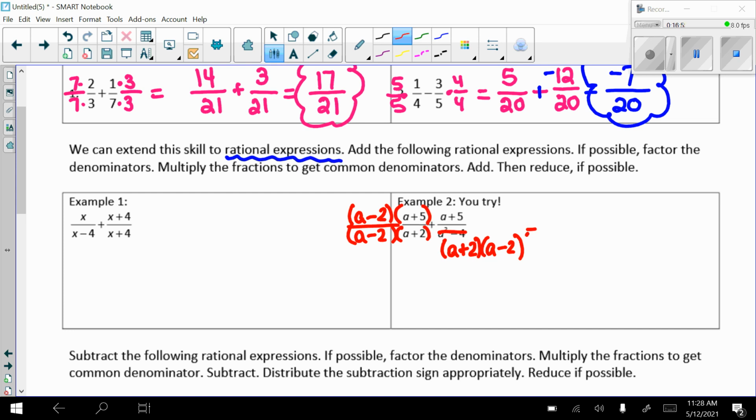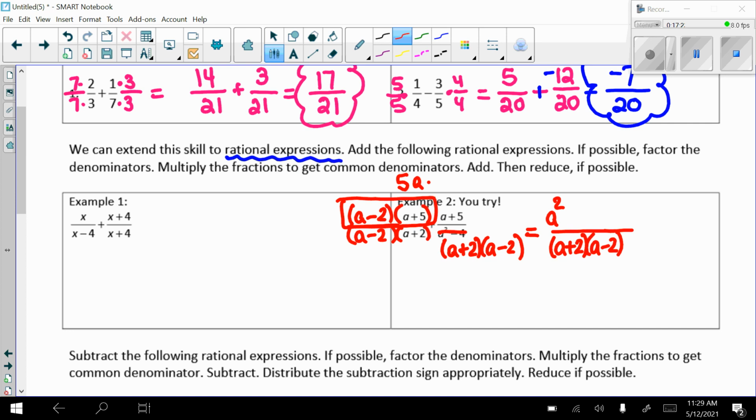And then we have to multiply things out. Okay, so we don't multiply the denominator. We keep the denominator in factored form. So we keep that first denominator as a plus 2, a minus 2. But we have to figure out what all of this would multiply out to be. So a times a is a squared. A times 5 is 5a.